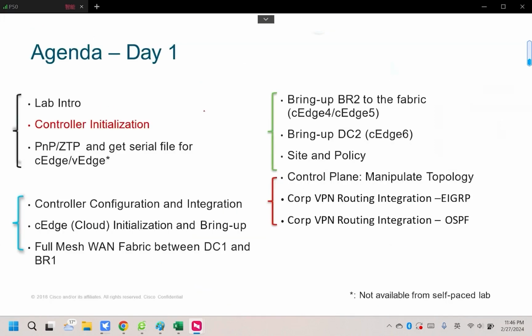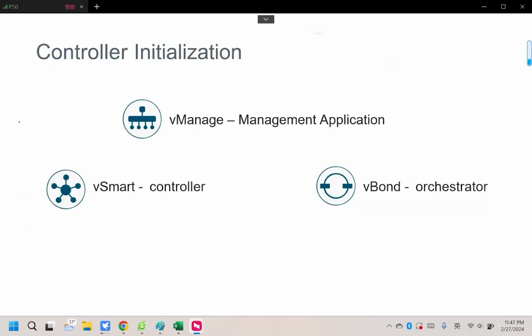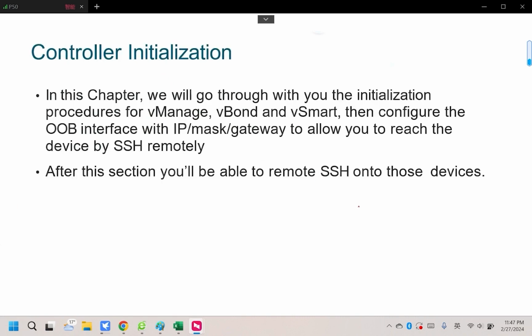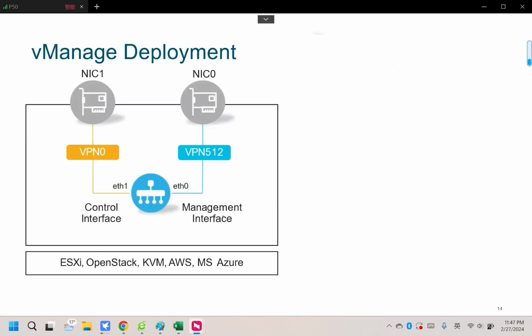Okay, next, we officially introduce the initialization of controllers and how our controllers authenticate each other through certificates and a whitelist mechanism. Just now I introduced our three controllers, vmanage, vsmart, vbond. These three roles. When deploying controllers, the deployment environment is very flexible, commonly ESXi environments.